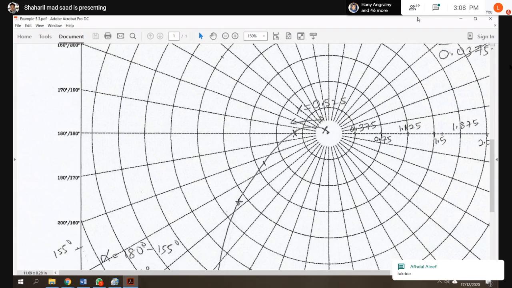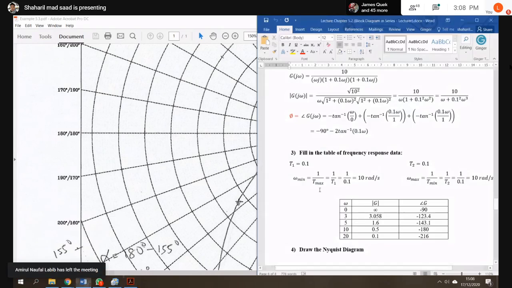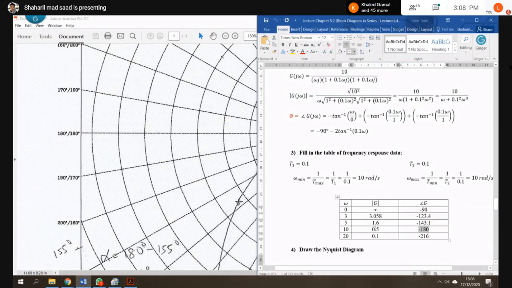So that's the gain margin. However, sometimes if you are lucky, you can get your gain margin from your table. This is your table. We want to look at the minus 180 degree. So what is the gain or the magnitude for minus 180 degree? 0.5, right? So that means your x is equal to 0.5. Betul?